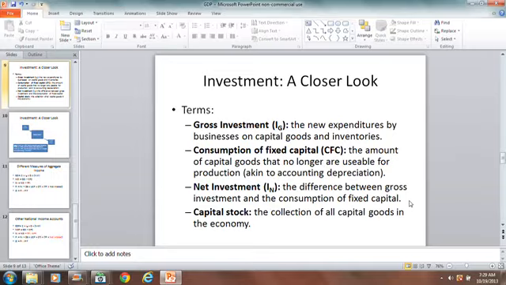Now, any inquiry of investment has to be built around this thing called the capital stock. And the capital stock is just the collection of all capital goods in the economy. So it's going to include all computers, all office buildings, all delivery trucks, all tools, all devices, all those things that are used to produce other goods and services.